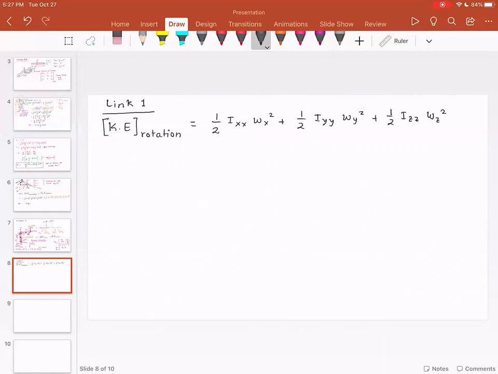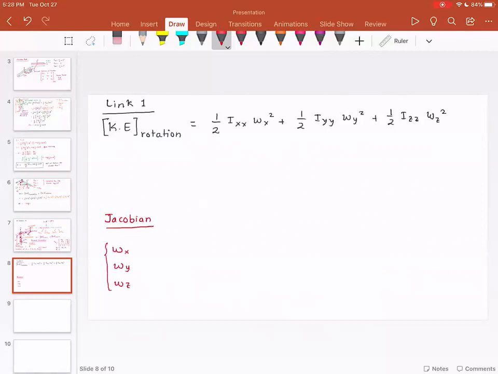If you recollect, we have derived the equation for the Jacobian. So remember, we derived the Jacobian equation. And the Jacobian equation was written as omega x, omega y, omega z.